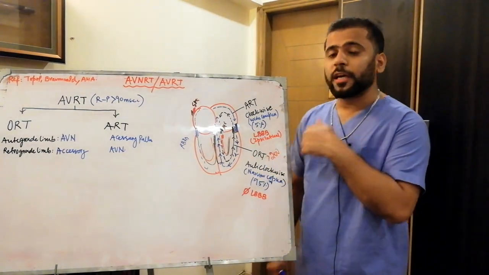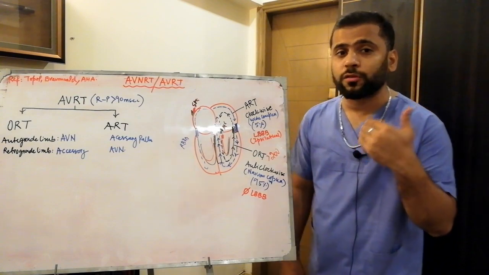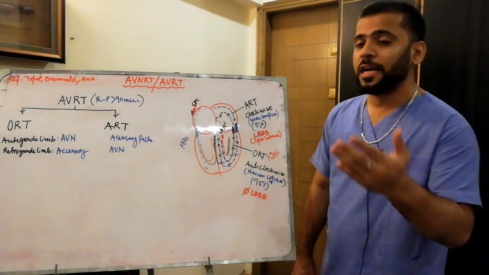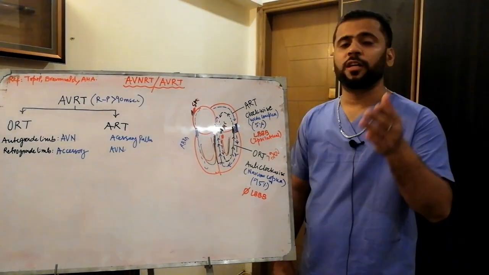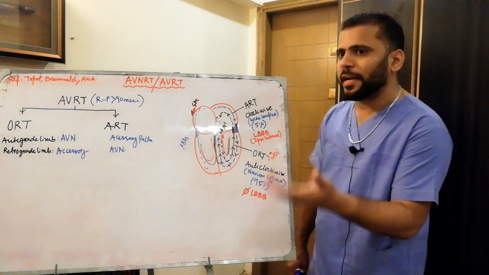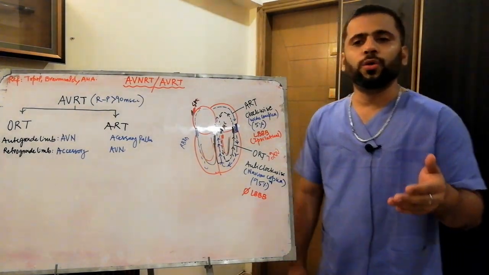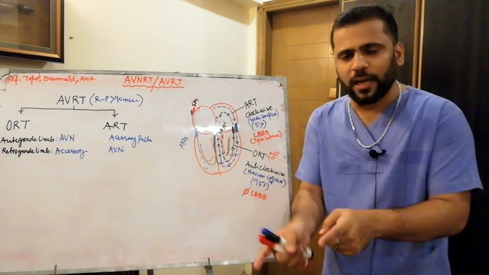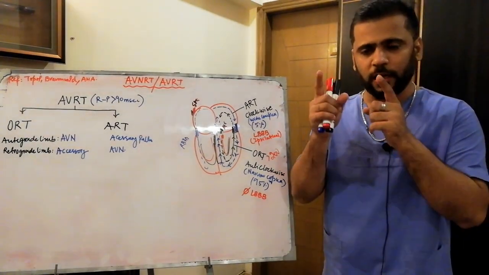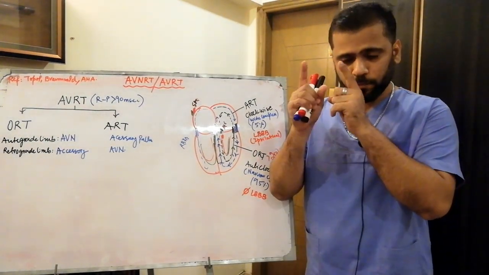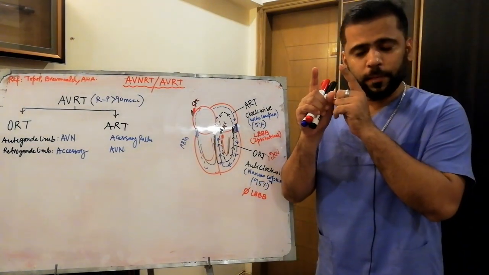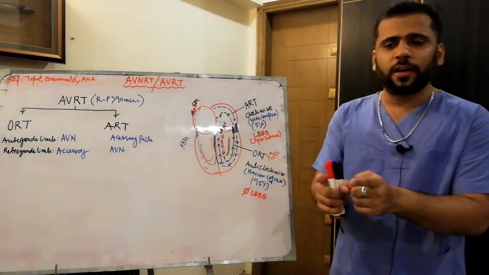But if your patient is a known case of pre-excitation and is presenting with any tachycardia, and the patient is hemodynamically unstable, then it is better to give synchronized DC cardioversion.